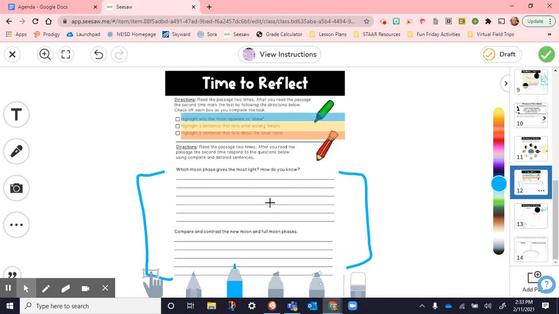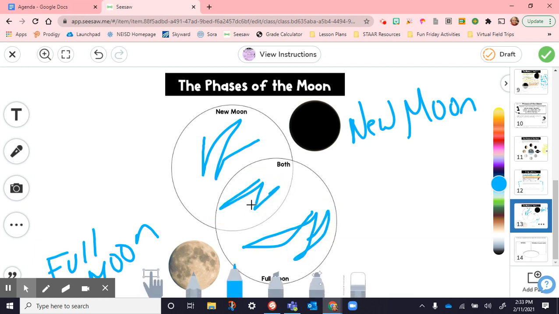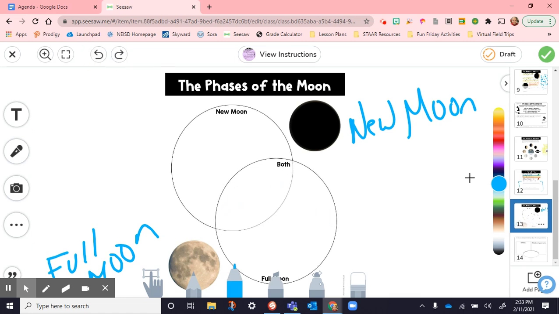And then everybody did these last two parts and the comparison on page 13. So you're talking about what is specific to the new moon, and you put that in this section here. What's specific to full moon, you put that here. And then what's specific to both goes in the middle. So you're comparing and contrasting those.